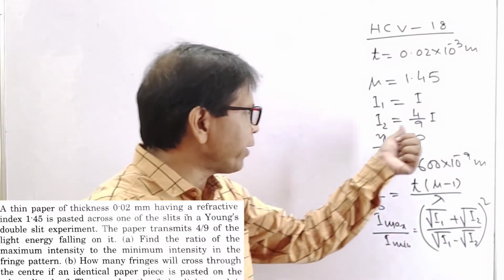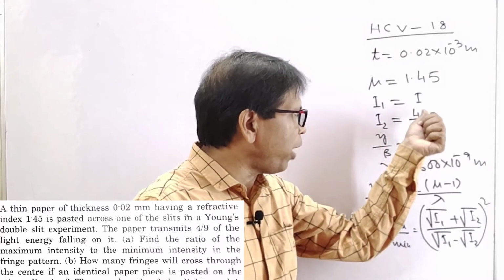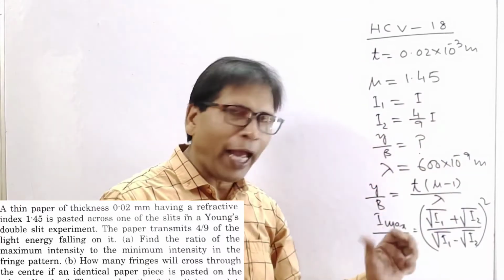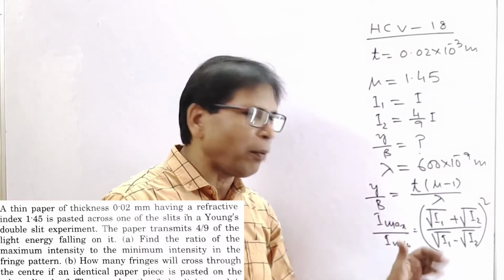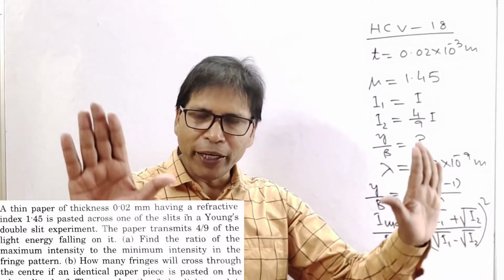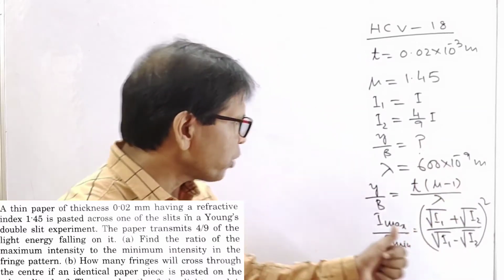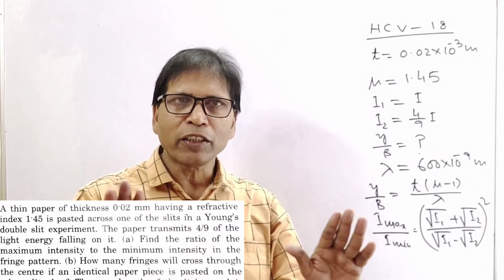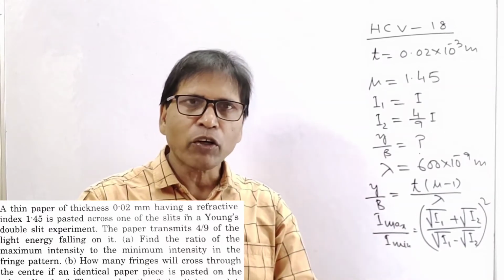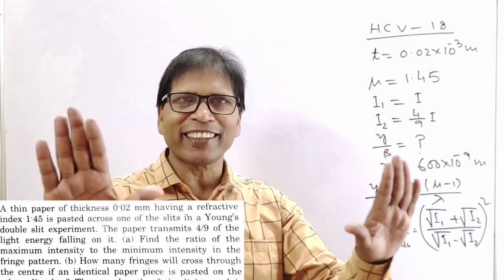The amount of light transmitted from this is 4 by 9 of the original. We have to calculate the ratio between minimum and maximum intensity of the interference pattern. And we also have to calculate the number of fringes that cross the center of the screen.